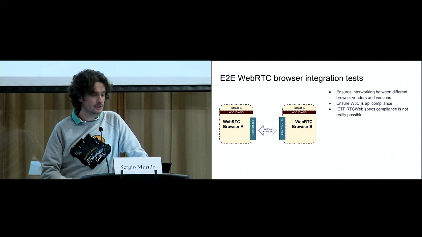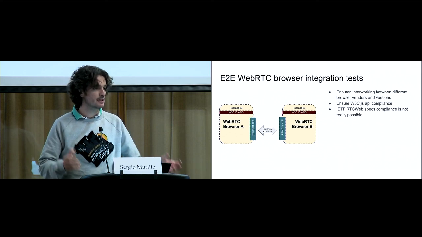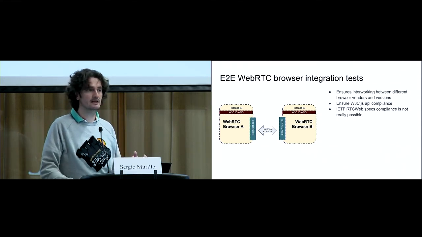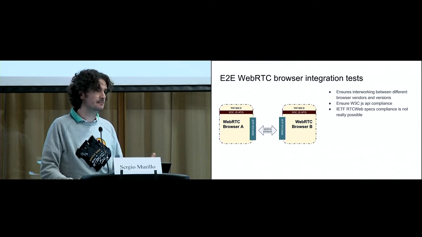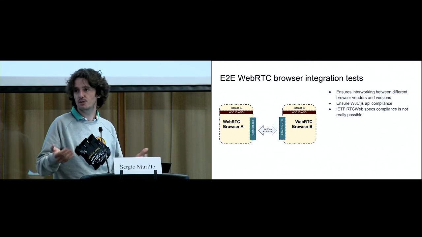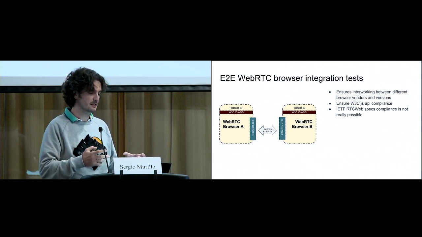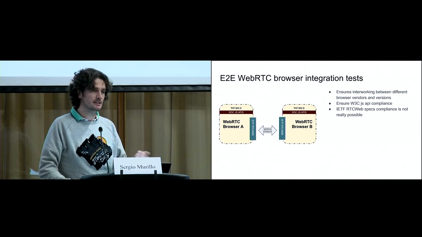So when you are doing end-to-end testing with two browsers, what you are typically testing is the JavaScript API compliance, but you are not testing compliance with the IETF specs. You can do it indirectly by checking the stats and checking that what you get is what you are supposed to get, but you cannot test 100% the compliance of the browser with all the IETF specs.